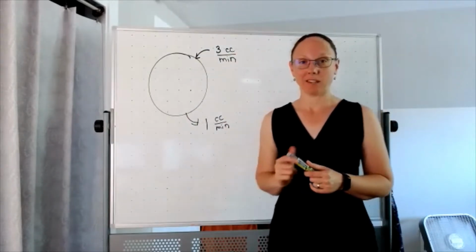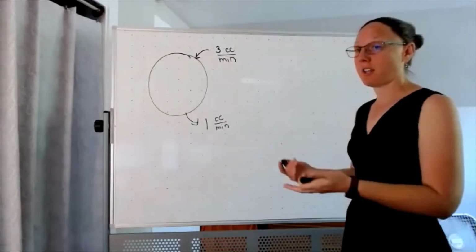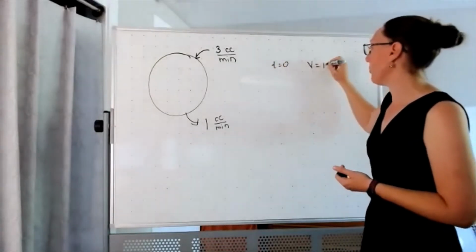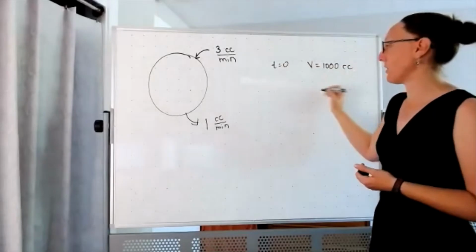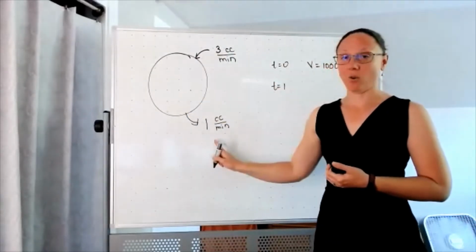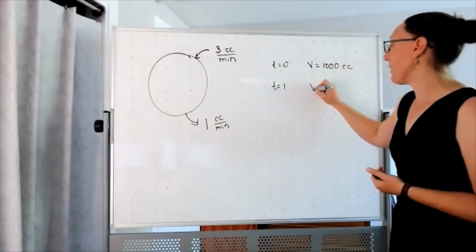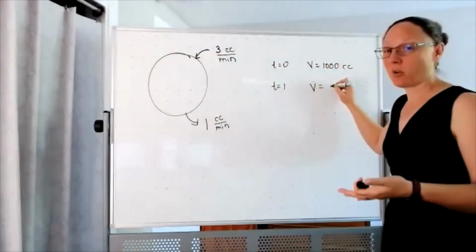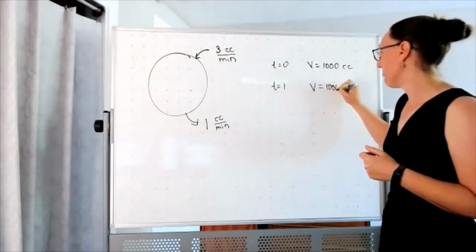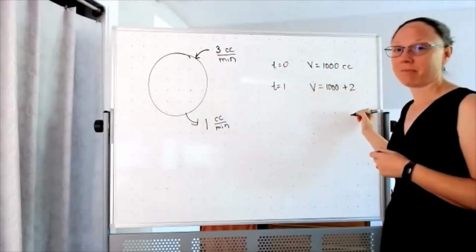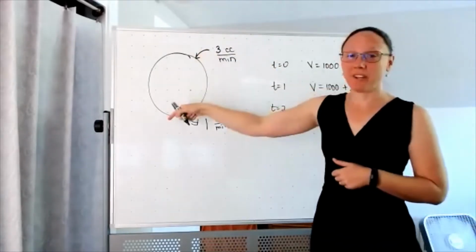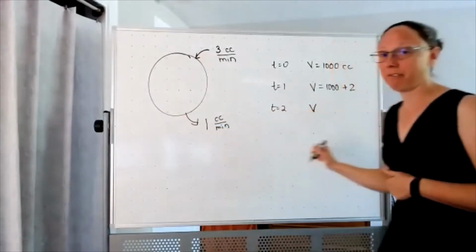in time in minutes. So if we were to just chart this, when t equals 0, our total volume was 1,000 cubic centimeters. But after 1 minute, I've had 3 come in and only 1 leave, which means my volume has increased by 2 cubic centimeters. If I go another minute, I've had another 3 come in, but only 1 leave.